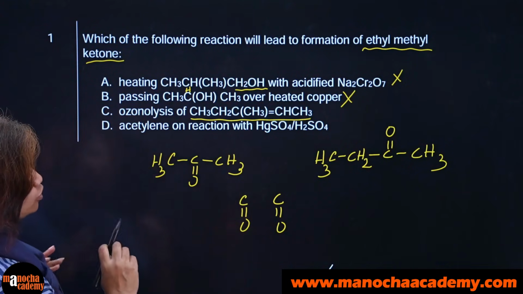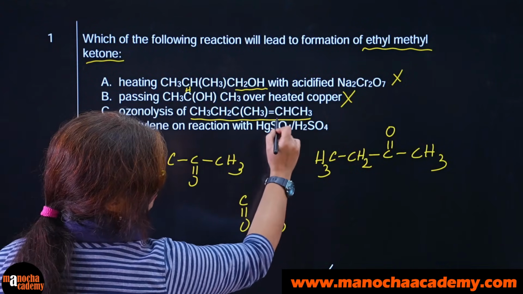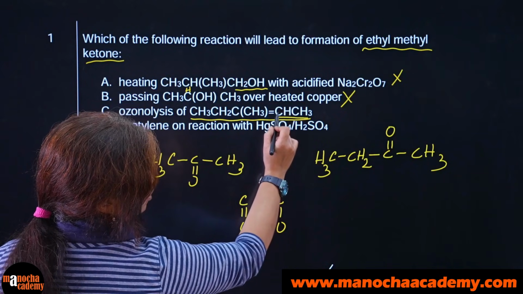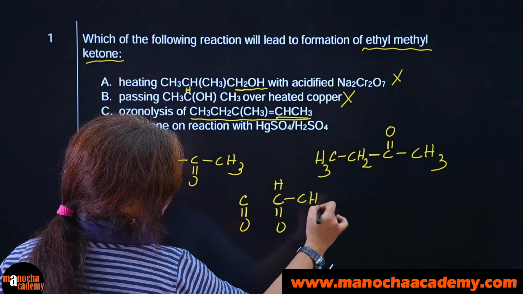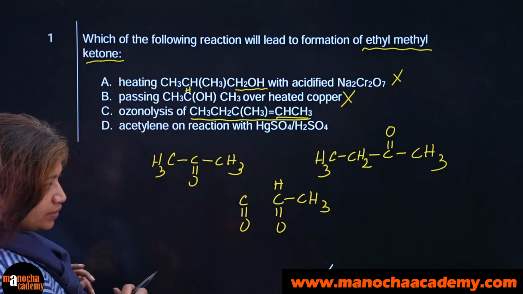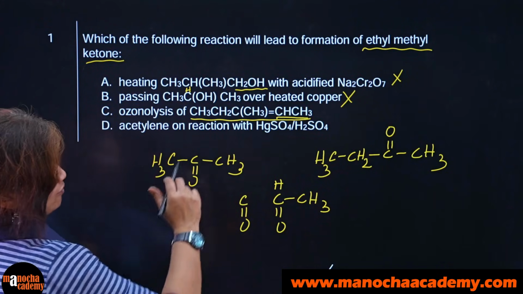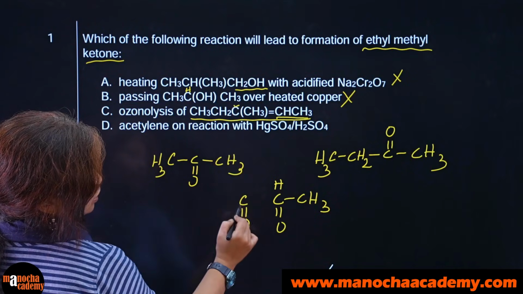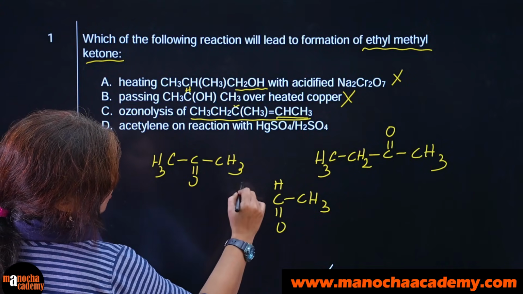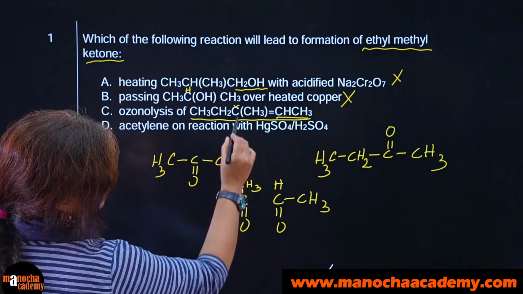So taking that into account, if you look at this structure, to this C double bond O, to this C, what is there? CH is there, CH3 is there. So from one part you are getting ethanal, and from the other part, this is a double bonded carbon. To that a CH3 group is bonded. I write a CH3 here.